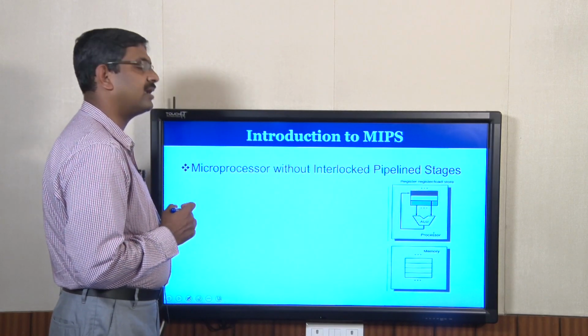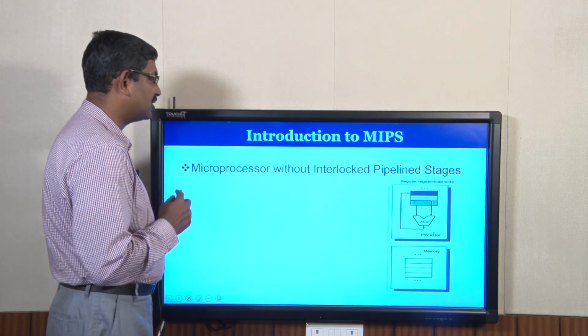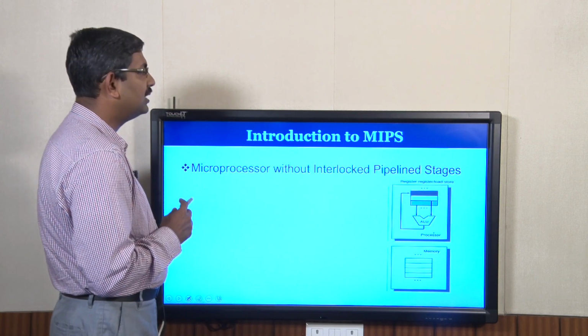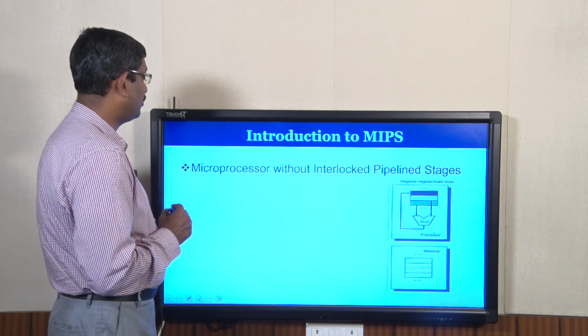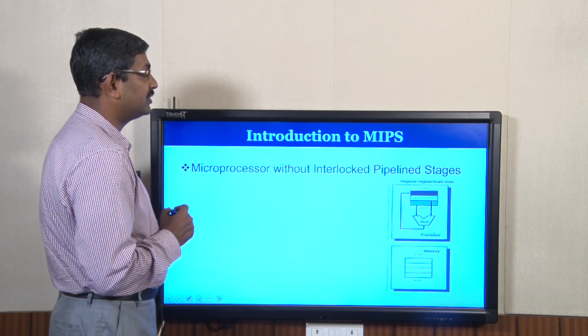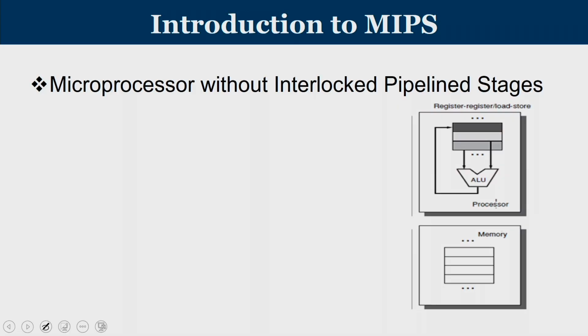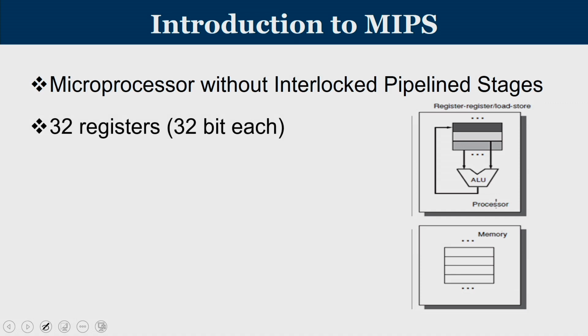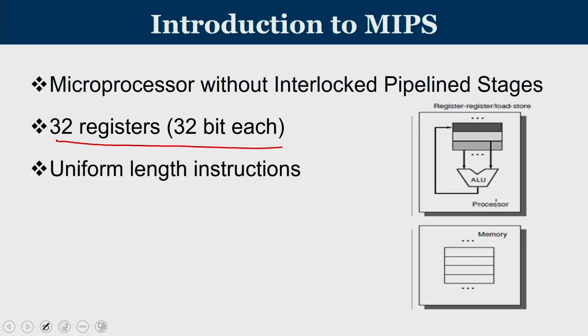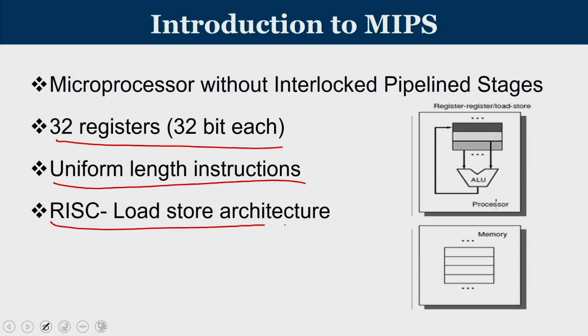Let us try to understand what are the important architectural features of this MIPS microprocessor. MIPS is the abbreviation for microprocessor without interlocked pipeline stages. This processor has 32 registers and each register can accommodate 32 bits each. And the peculiarity is all instructions are of uniform length and it follows a load store architecture.